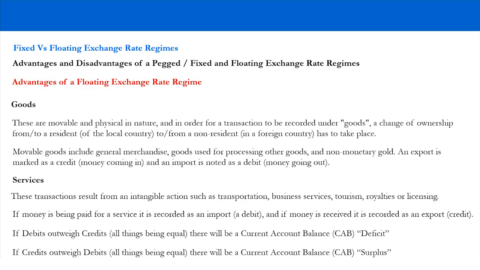The balance of payments follows a debit and credit system, as we discussed. It follows the flow of money. It doesn't follow the flow of the good. So it's the reverse of what you think. So you have to get used to this way of thinking, of following where the money goes.